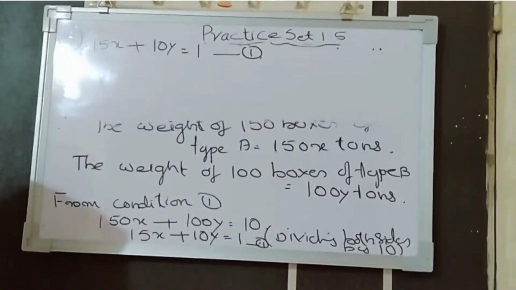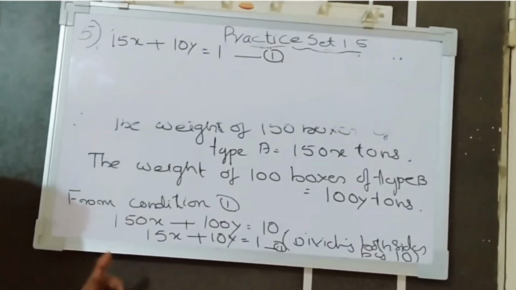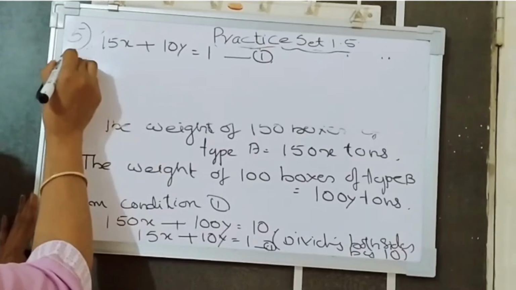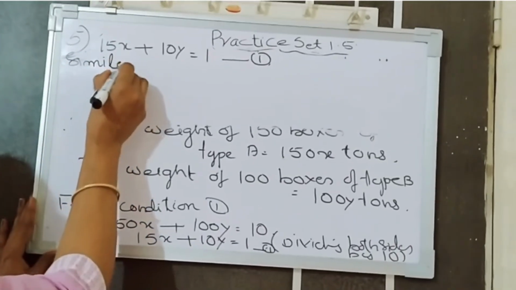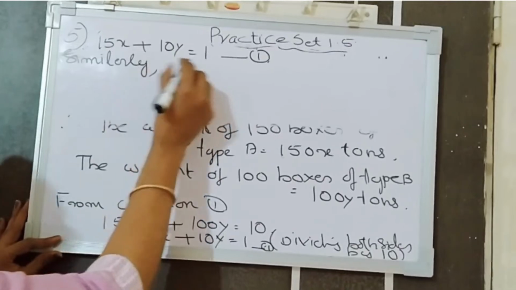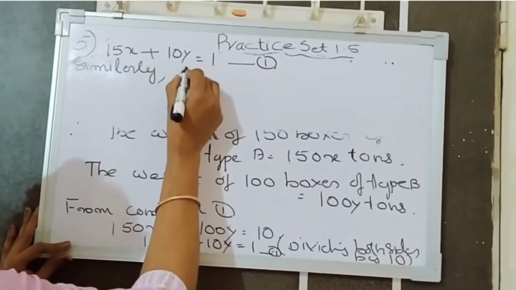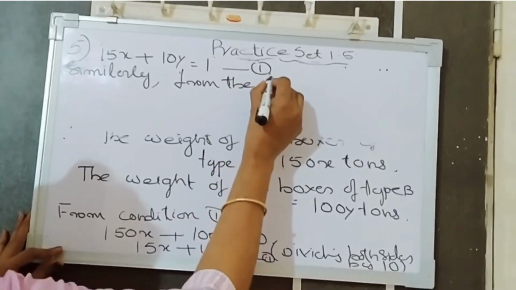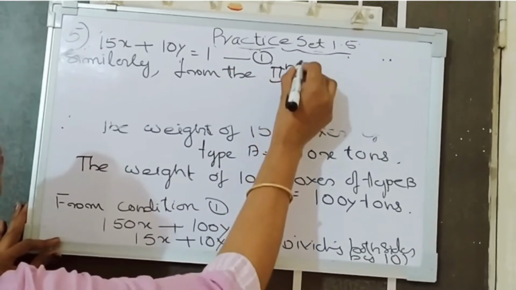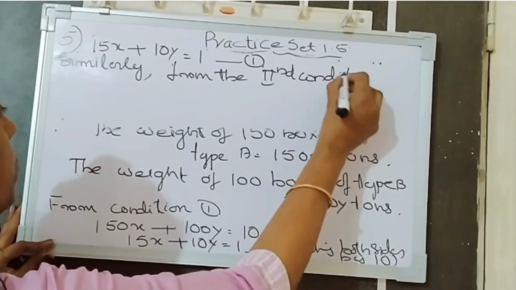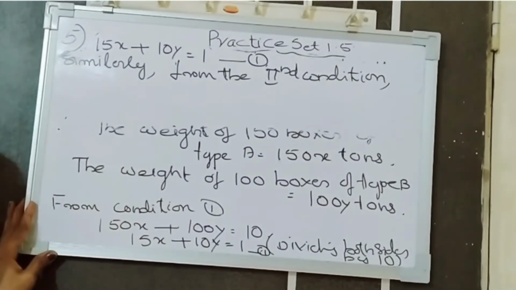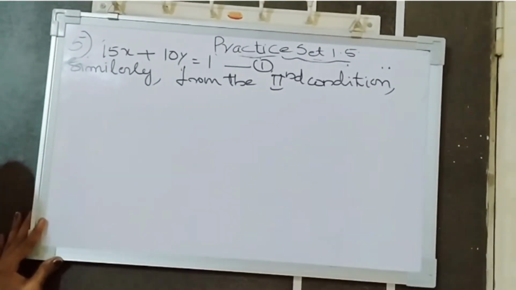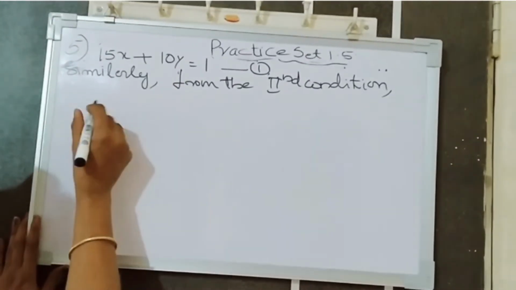Similarly, the second condition: 260 boxes of type A and 40 boxes of type B. By the second condition, at that time also the total weight is equal to 10 tons.